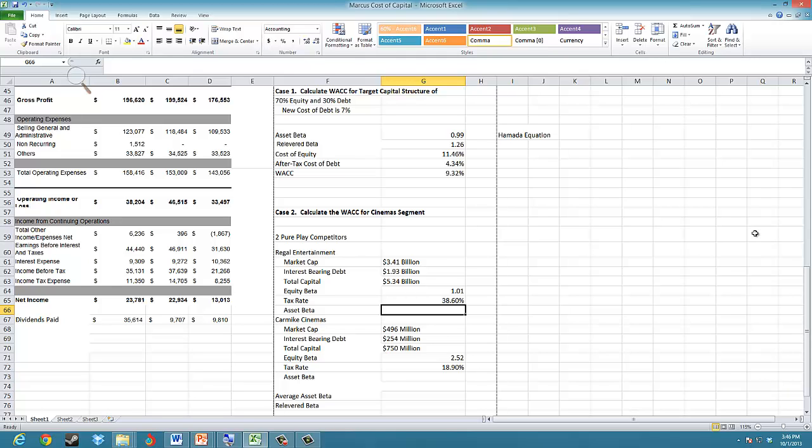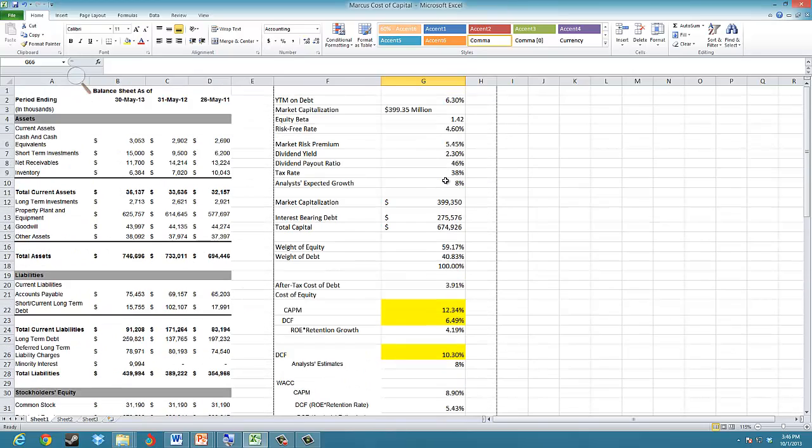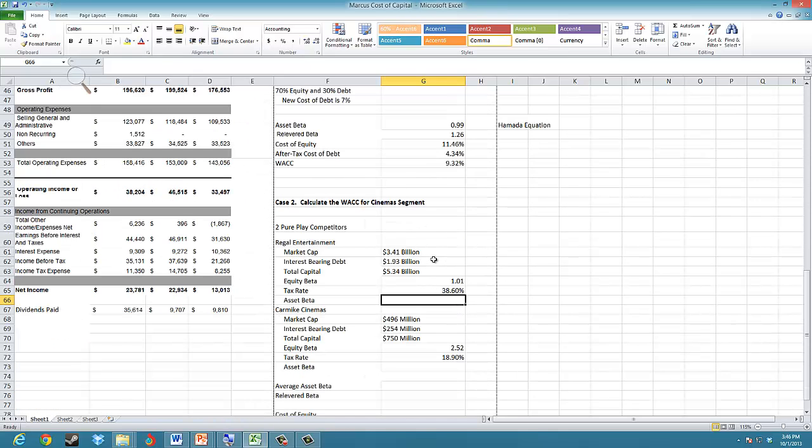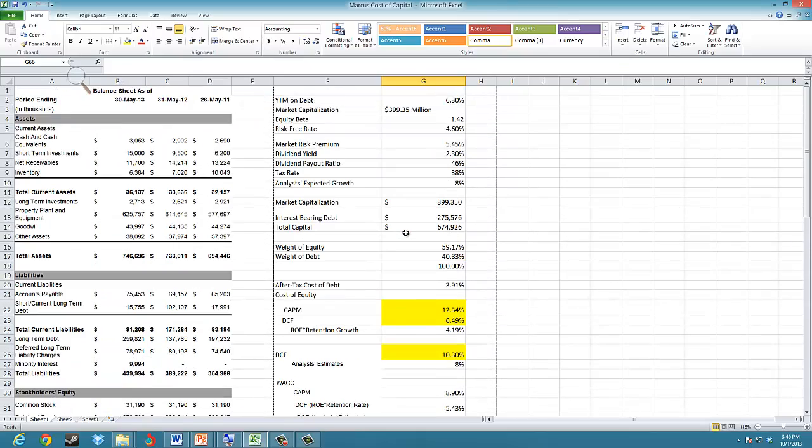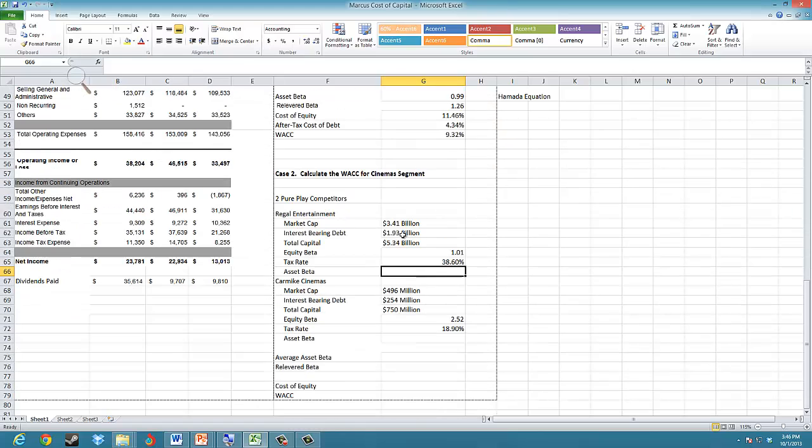So you might keep that in mind. The total capital for Marcus is $674 million. So in terms of size, the total company for Marcus is a little bit smaller than Carmike Cinemas.